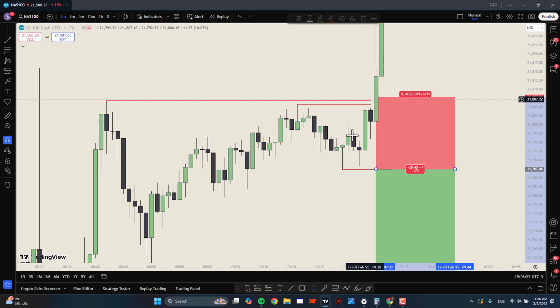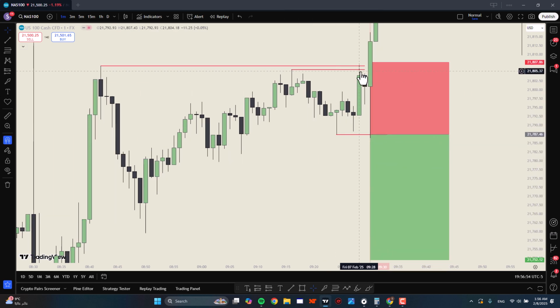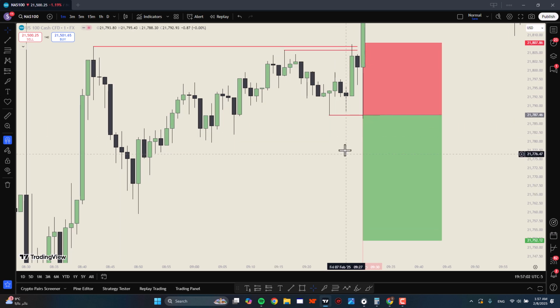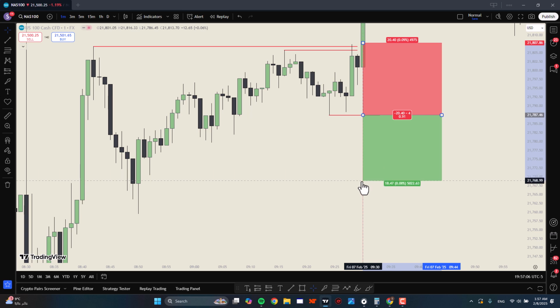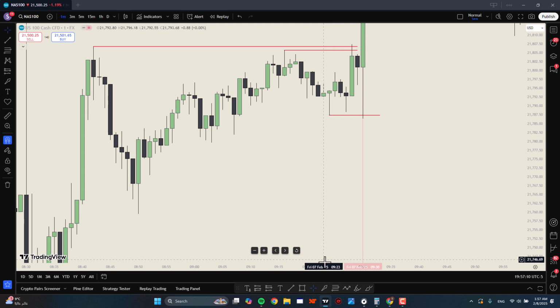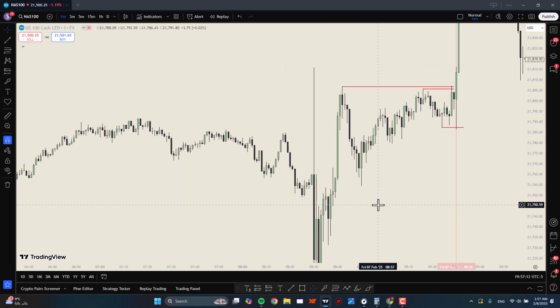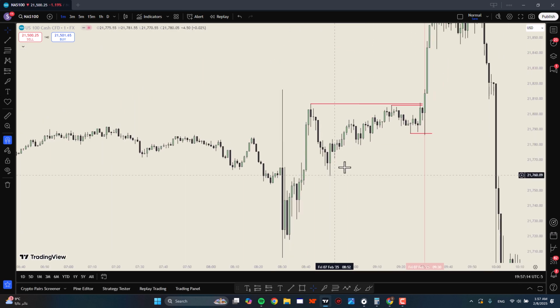Because if price takes this low, that will validate and confirm that this is only a sweep, and price will reverse. So I'm going to put my sell stop here, and you can see that this is a loss, but you are not respecting the trend. The trend is bullish, right?